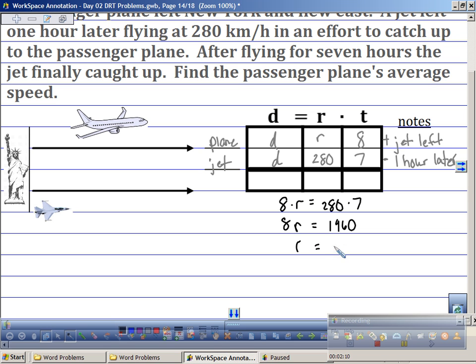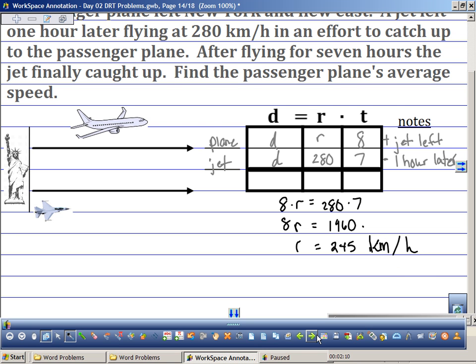So what's R? 245. Does that make sense? Going slower for a longer period of time? That's it. 245, what is it? Kilometers per hour.